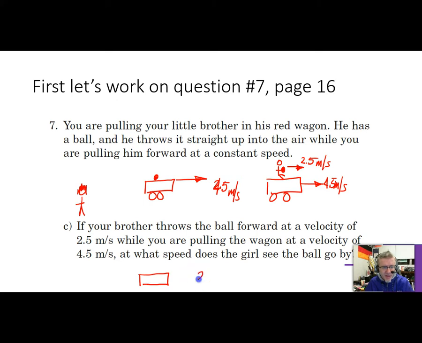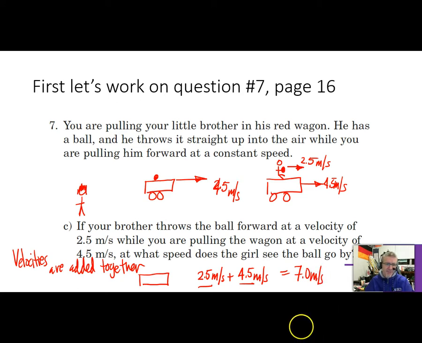The ball is going 2.5 meters per second plus 4.5 meters per second. The velocities add. Velocities are added together. So that means 2.5 plus 4.5 is 7.0 meters per second.